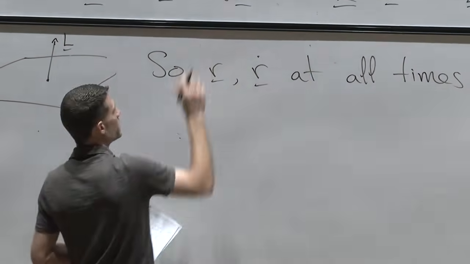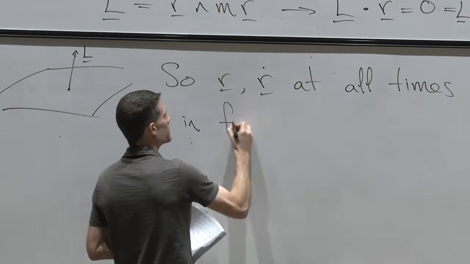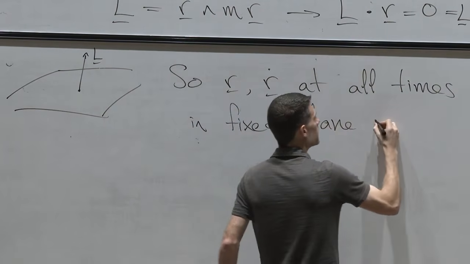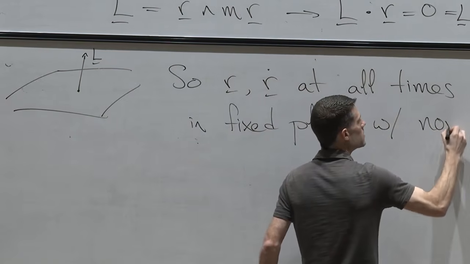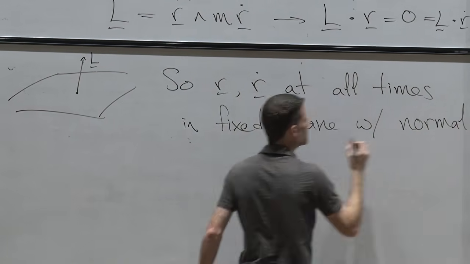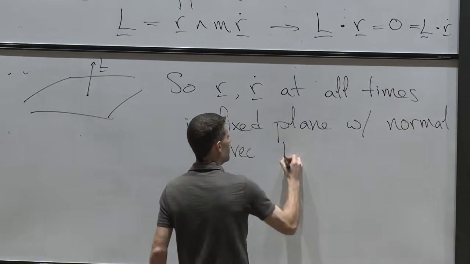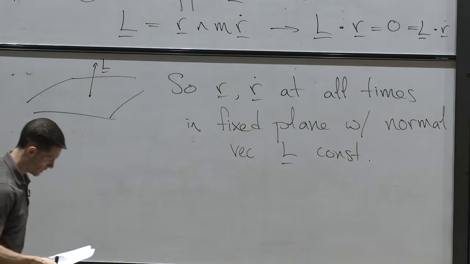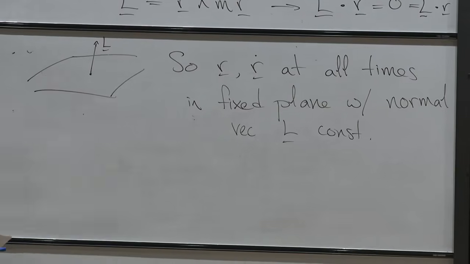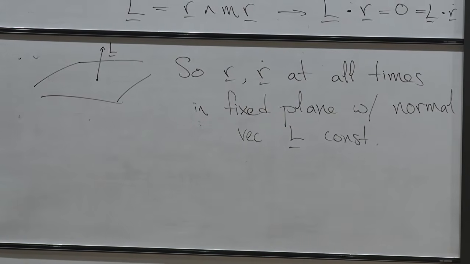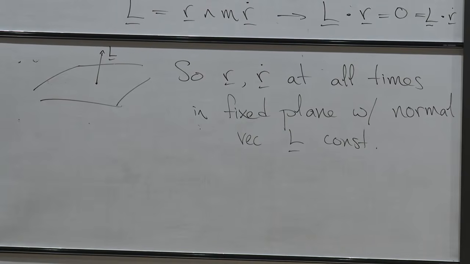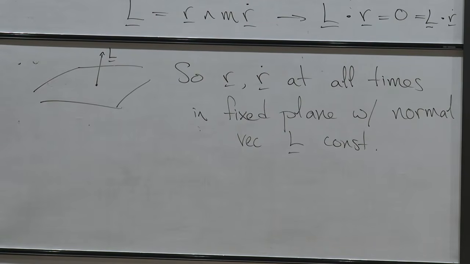All times in the fixed plane which has normal vector L constant. But r is the position vector itself, and r dot is its velocity. So therefore, the particle never leaves that plane. Right?